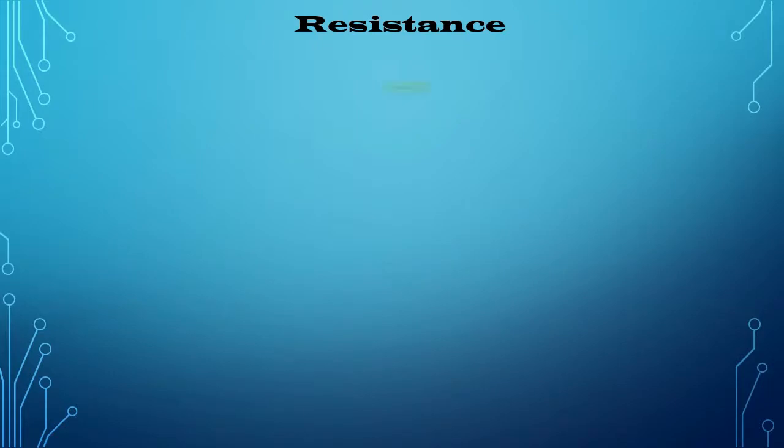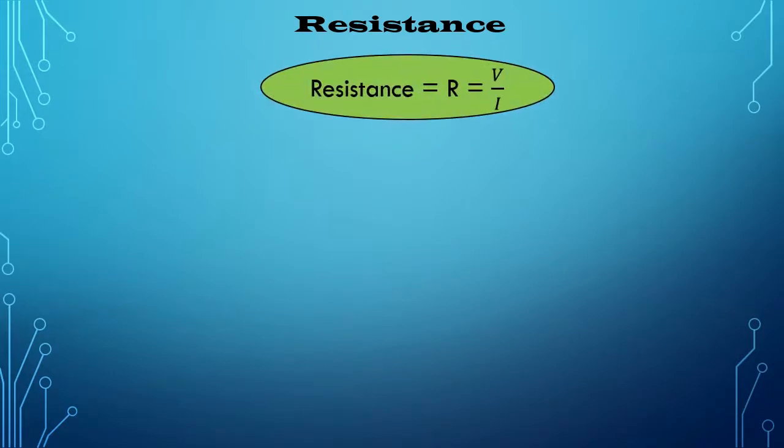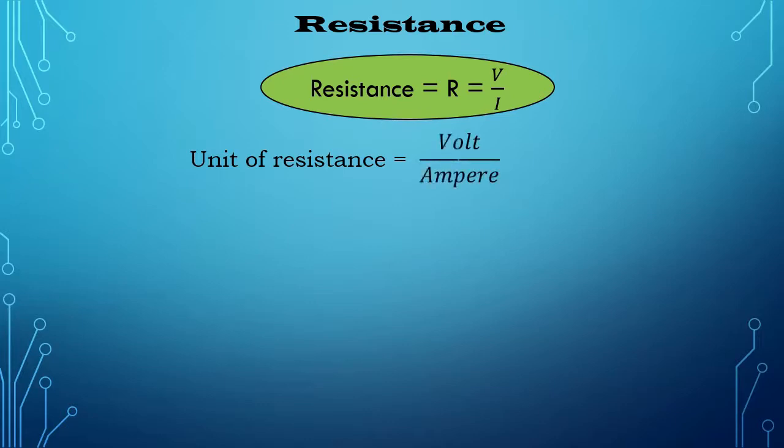We have resistance R is equal to V upon I. We can obtain the units of resistance from the formula. Potential difference and current are measured in volts and amperes respectively.